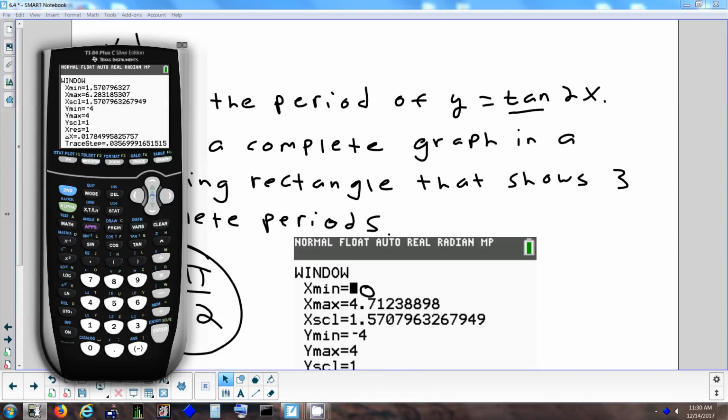You don't have to worry about that. But that's another answer to the question. That answer is fine too. So yeah, I was wrong. You'd have to bump it 45 degrees, pi over 4, half of it. And for the y window, with tangent and cotangent, since they go up and down forever, -4 to 4 is always good, or -6 to 6, somewhere around there.